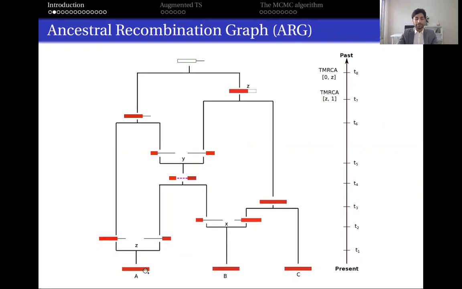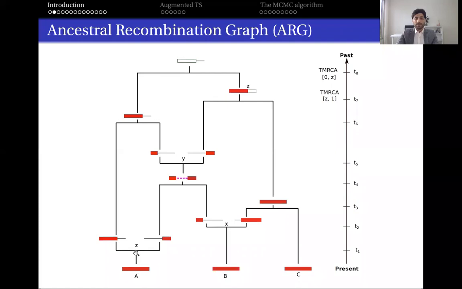Based on the Coalescent with recombination, going backward in time, the time to the next event is exponentially distributed, and each branch can experience either a recombination or a coalescence event. For example, here, the first event at time T1 is a recombination event on branch A. I labeled the nodes as the branch above.